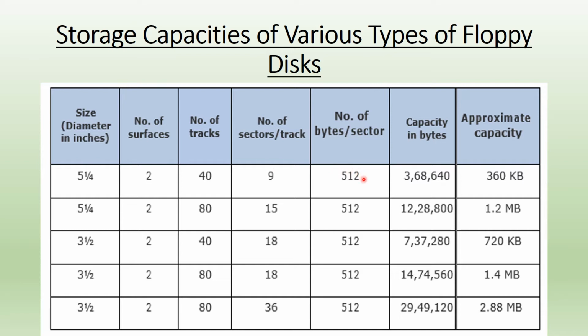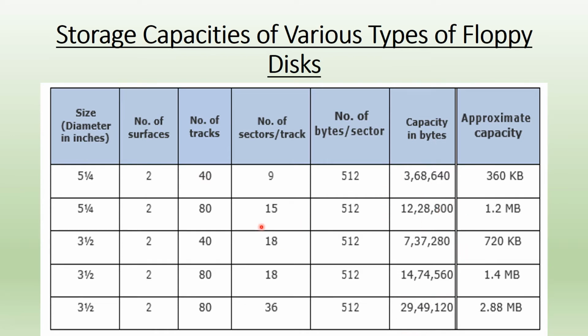Number of bytes per sector: 512. Capacity in bytes is, all right, this mistake over here should be 368,640, and the approximate capacity was 360 kilobytes. So this is the capacity, and as you can see, their storage capacity was very low.